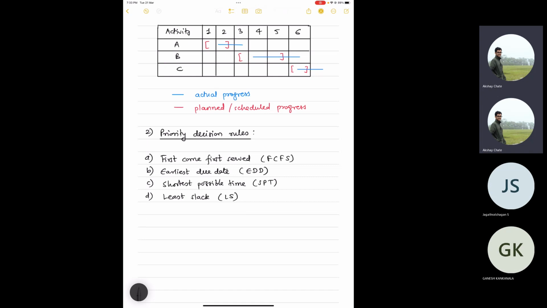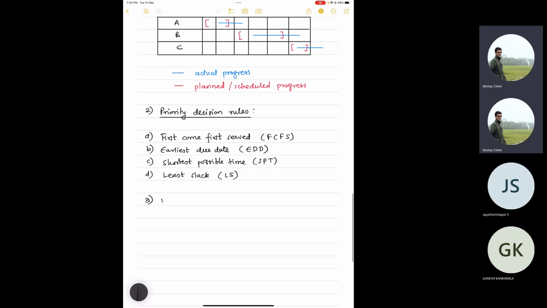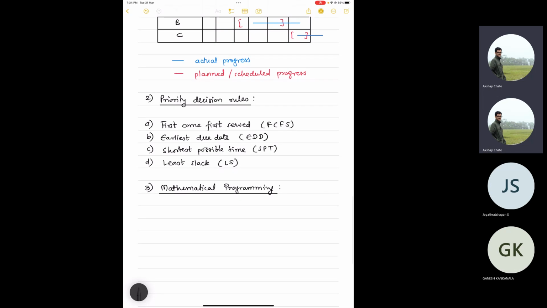And there is another type of tool, which is mathematical programming. I don't know how many of you have reached this stage, but there are different techniques called the simplex method.